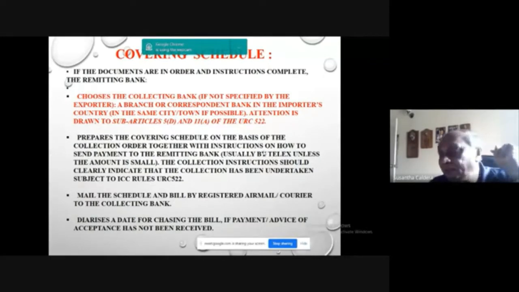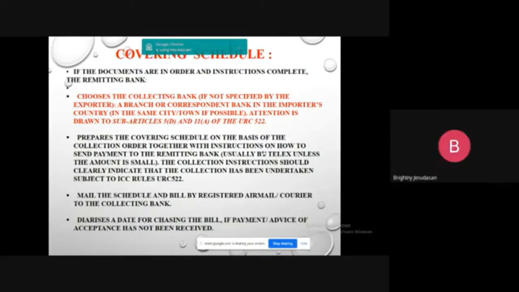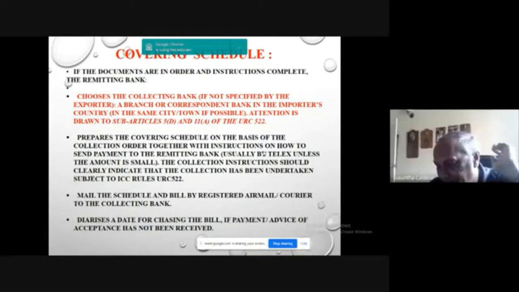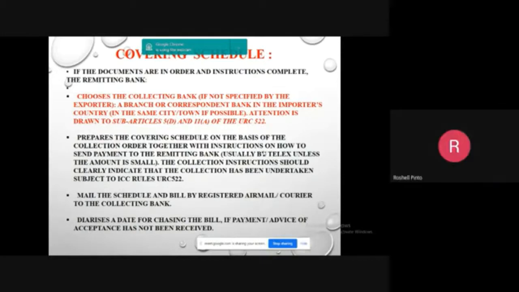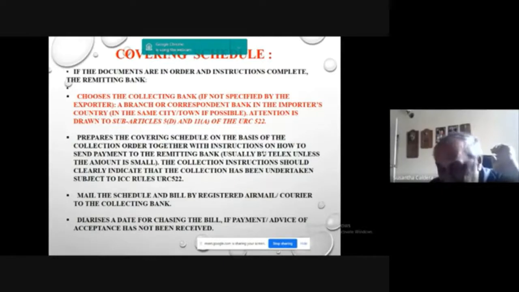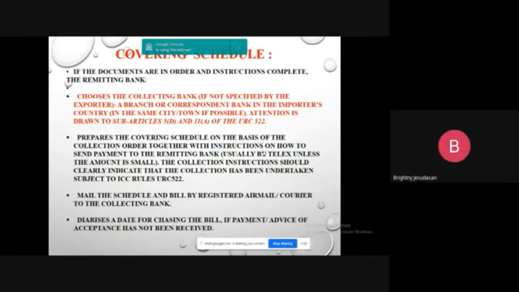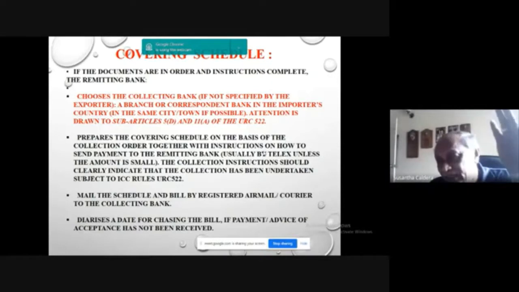Now, if your Standard Chartered Dubai office is sending a collection to Sampath Bank, are they sending directly to Sampath Bank or will they do it through Standard Chartered Colombo? They will do it through SCB Colombo. Because that is your group principle. Right? Your group guidelines have given like that. Even HSBC does the same thing.